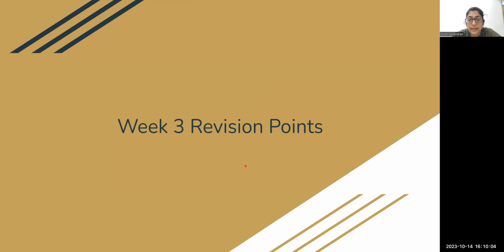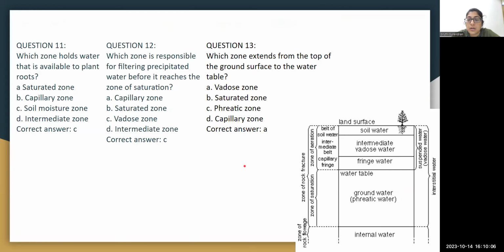Moving on to the week 3's revision points. Week 3 is majorly dealing with the Vadose zone, that is the unsaturated zone, and the saturated zone. The unsaturated zone has three classifications: the soil water zone, the intermediate zone, and the fringe water, the capillary fringe zone. The soil water zone is a saturated zone in the unsaturated zone.